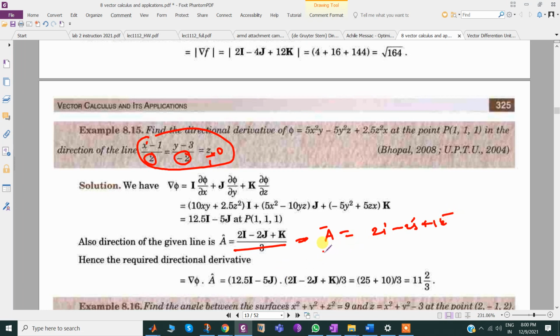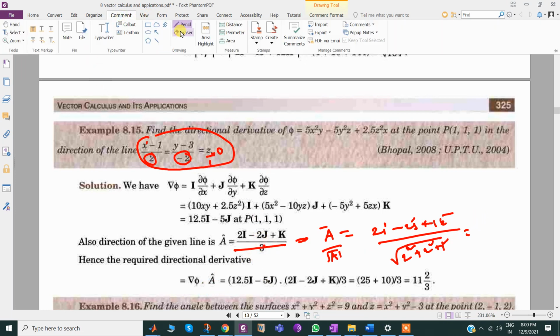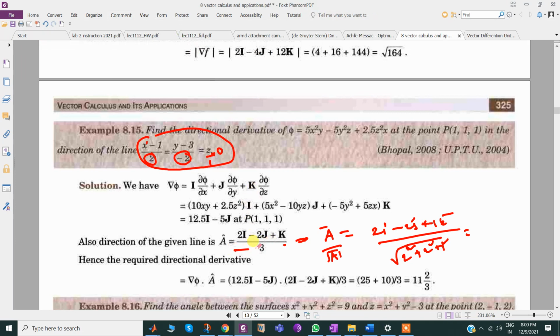Then its length, mod A bar, is under root of 2 square plus 2 square plus 1 square, which makes 9, and under root of 9 means 3 will be there. That's the reason 3 is available here.